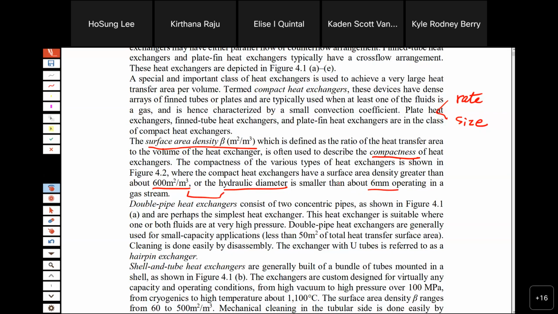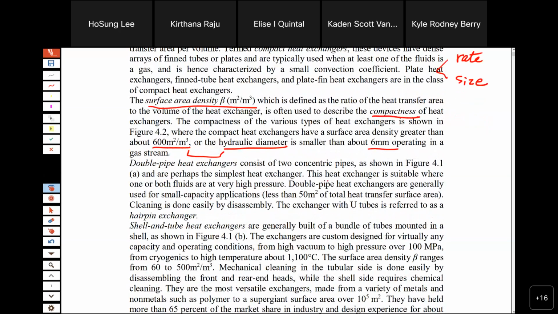Now, the types of heat exchangers. There are a number of types, but the fundamental one is the double pipe heat exchanger. It's very simple: concentric pipes, with tubular flow and annulus flow.